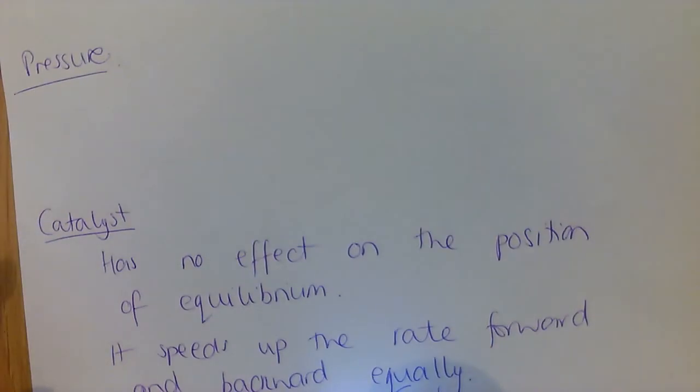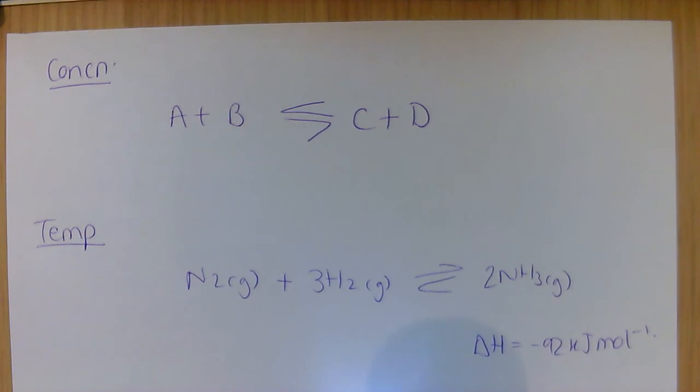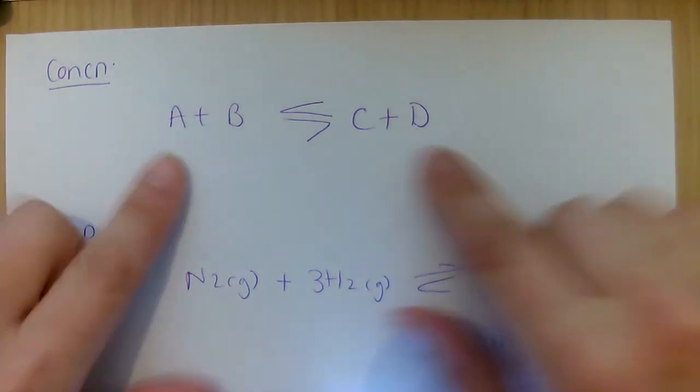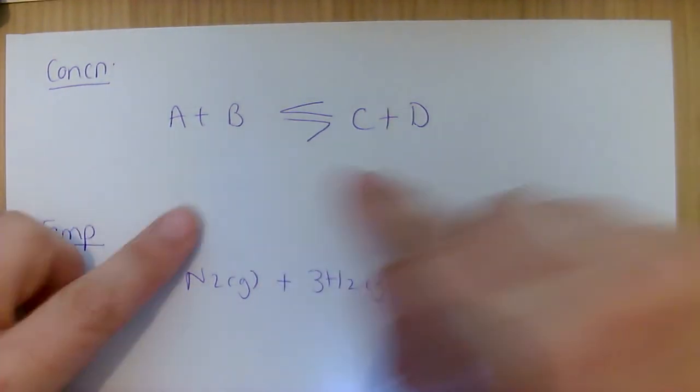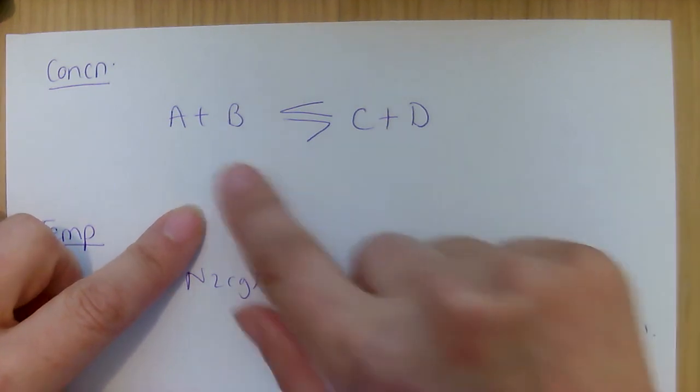So the different factors that you need to be able to talk about. So the first one is concentration. So imagine that we've got this reaction here. I'm just using for this example generic letters rather than an actual reaction.